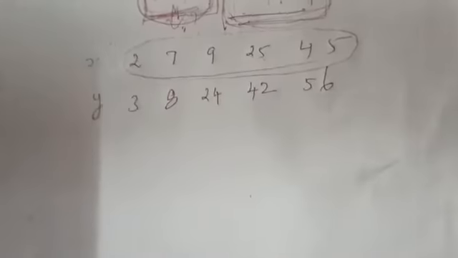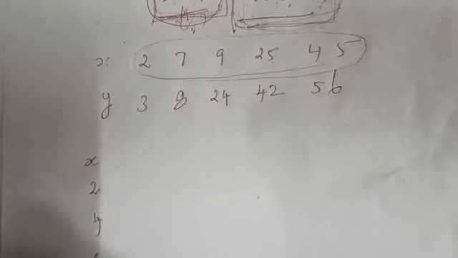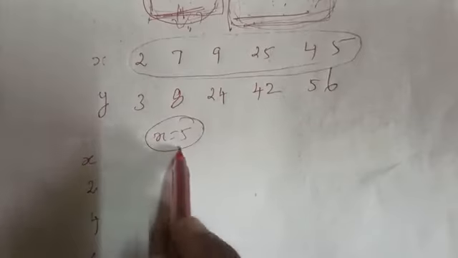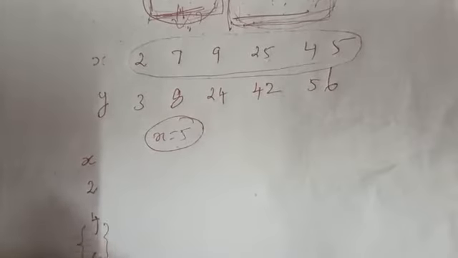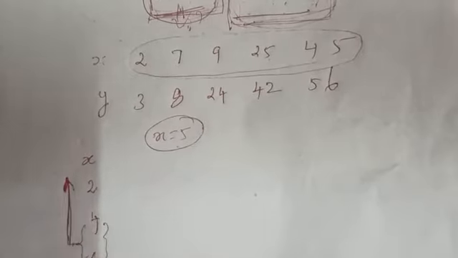To find x equal to 5, the 5 is between 4 and 6, nearer the beginning of the table.